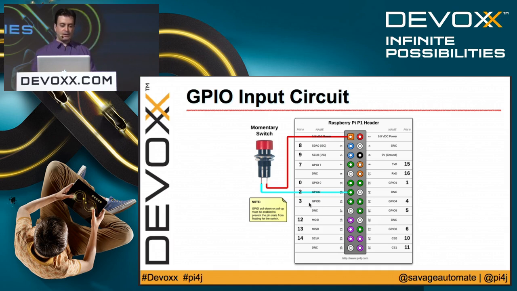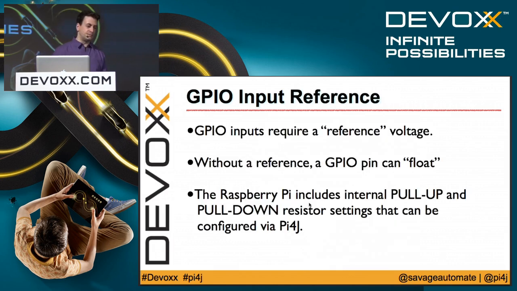Now, GPIO inputs do require an input reference. So it's important to note that a GPIO pin, when you configure it as an input, doesn't know if it needs to be high or low at rest. It doesn't know what kind of circuit you're creating. So we have to give it some kind of a reference voltage so that it knows, in the absence of our circuit doing something, that it needs to be biased to either a ground, a 0 volt, or 3.3 volt high signal.